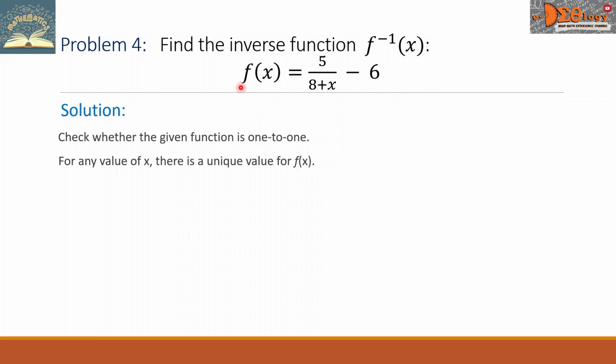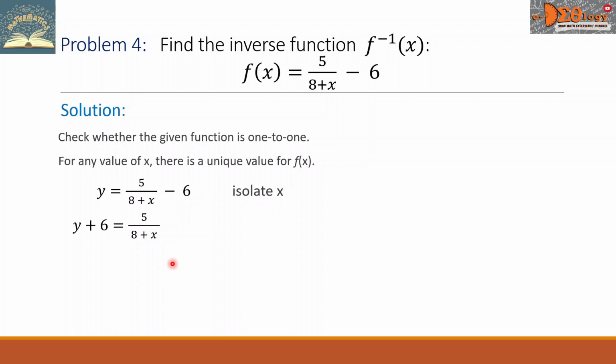Now, we rewrite our function using y instead of f of x. So, we have y equals this fraction minus 6. Then we isolate x. This negative 6 we transpose to the left side. So left side now is y plus 6 equals this fraction.